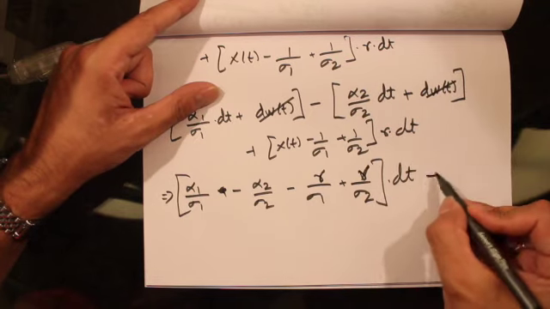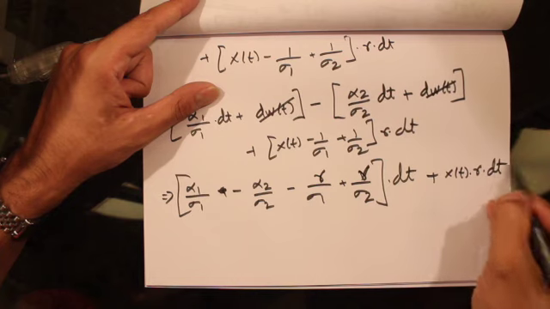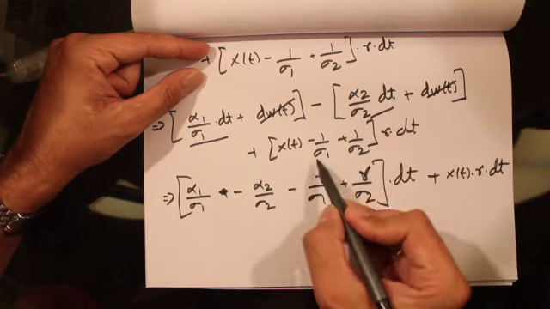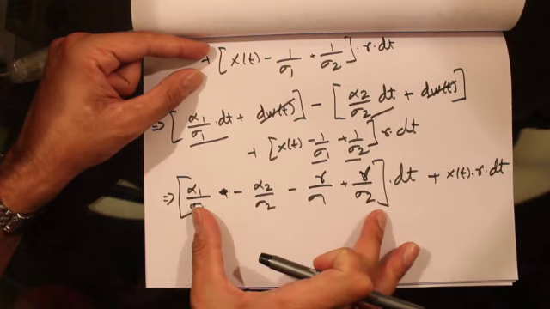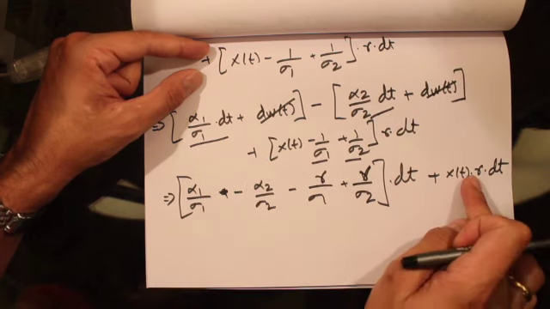Okay, and I have this X(t) r dt here. So I've just combined this term and these two terms, these four terms together. This is what I get here, and I was left with this X(t), which I've written here.